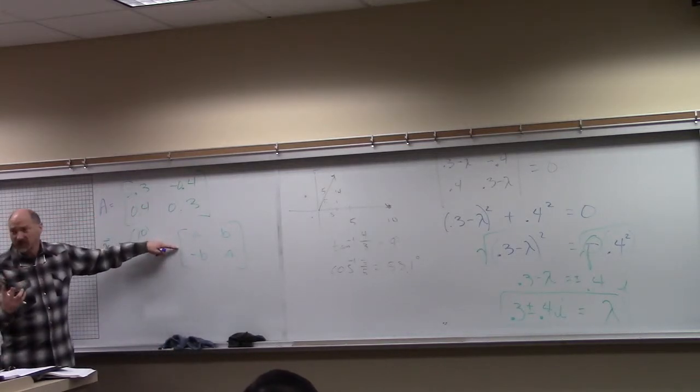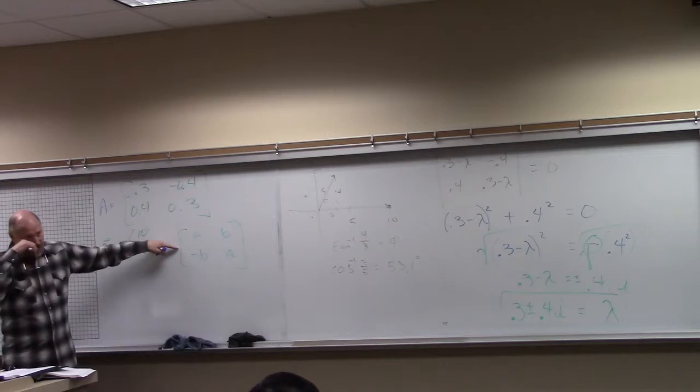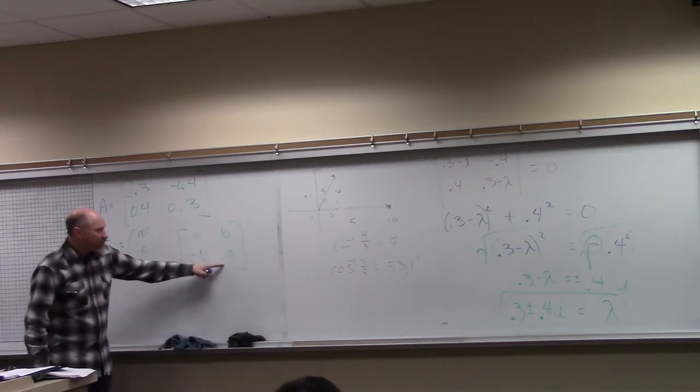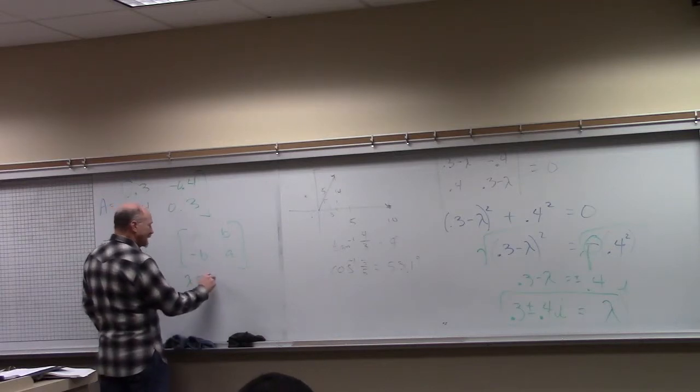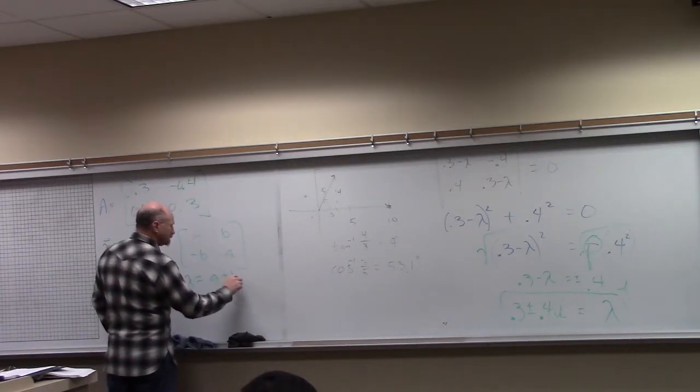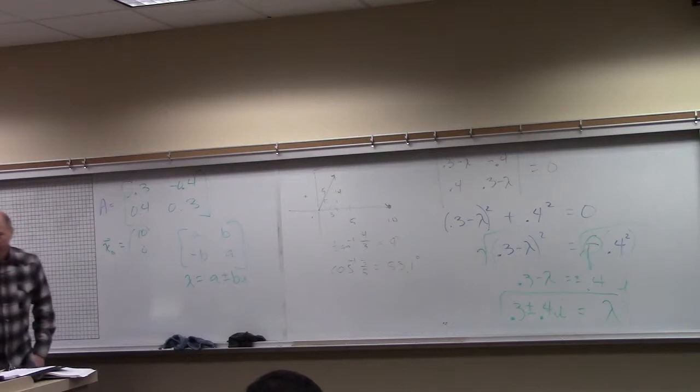That's the type we've looked at for complex eigenvalues. If it's of this form, the eigenvalues are going to be A plus or minus BI. Okay, we'll show that in just a minute.